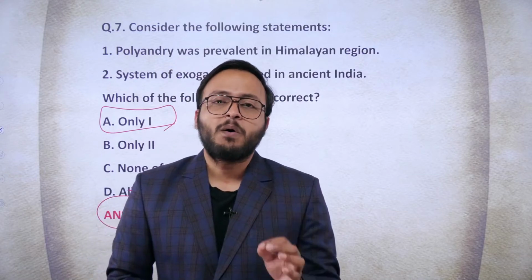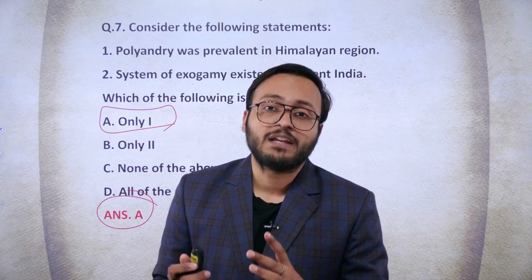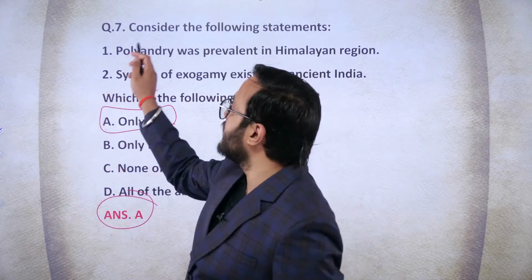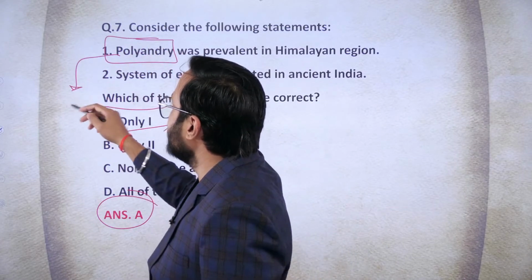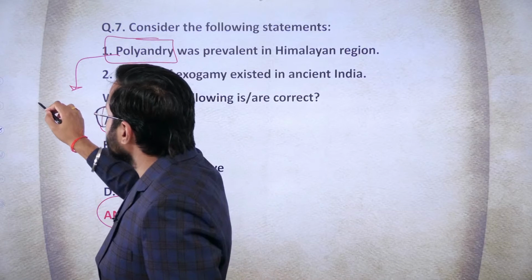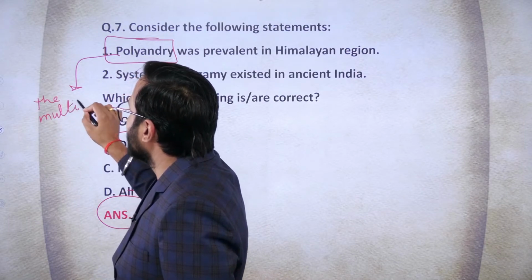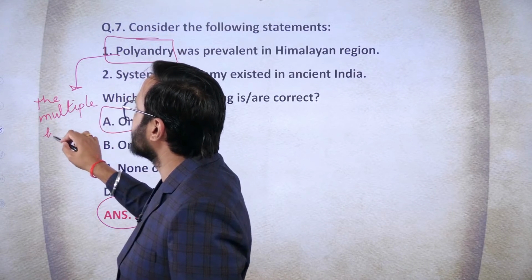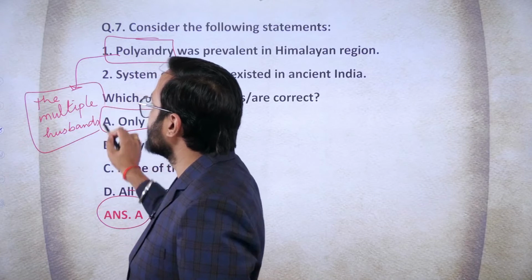Because polyandry is historically prevalent in the Himalayan region. What is the meaning of polyandry? Polyandry means multiple husbands. Okay, multiple husbands.